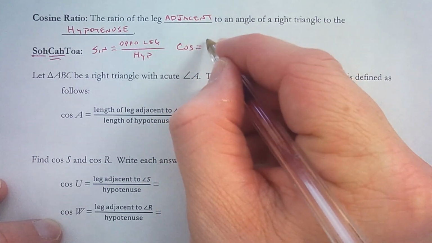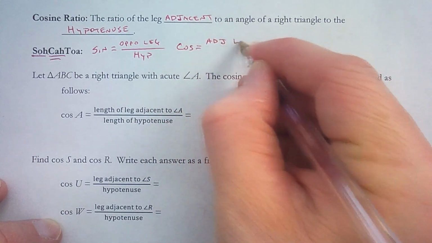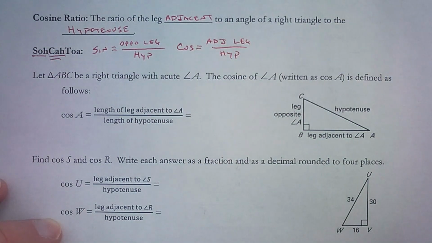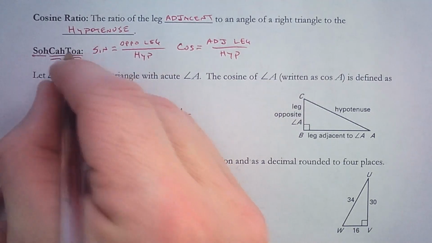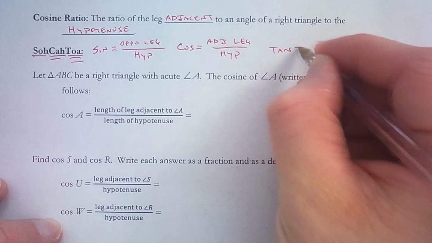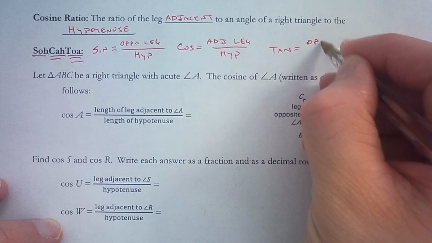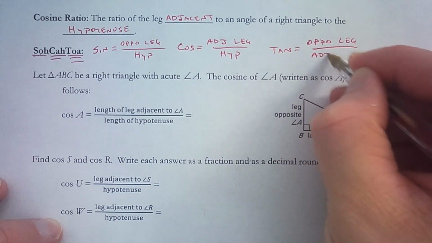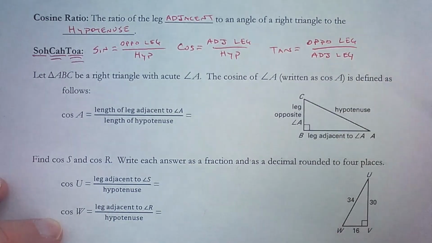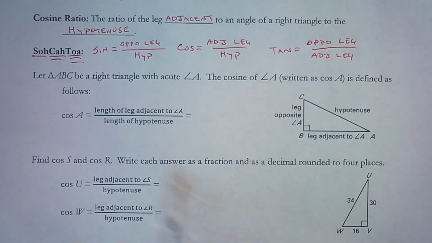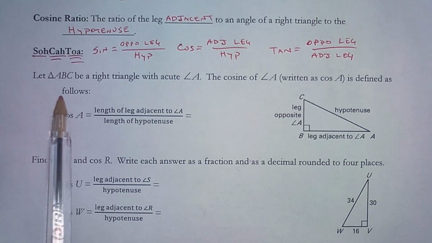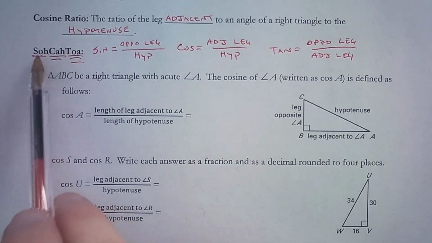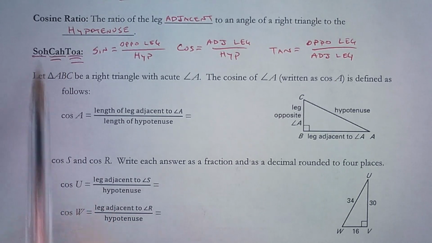Cosine is equal to the adjacent leg over the hypotenuse. And then TOA. T is for tangent. Tangent is equal to opposite leg over adjacent leg. In order to use sine, cosine, and tangent, we need to learn how to spell this word and what each letter stands for.